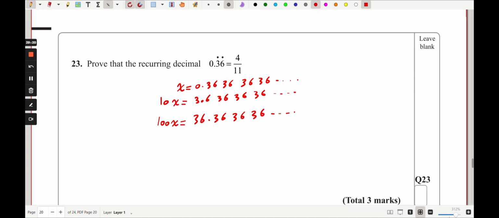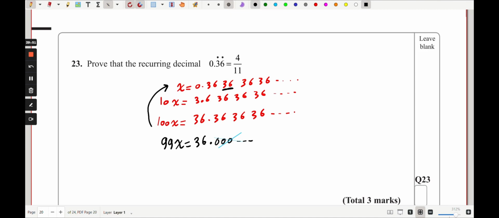Now if you subtract 100x minus x, you will get 99x equals. Now 36 minus 0 is 36, decimal point. 36 minus 36 is 0, 36 minus 36 is 0. So 0, 0, 0, we'll cross this part out.